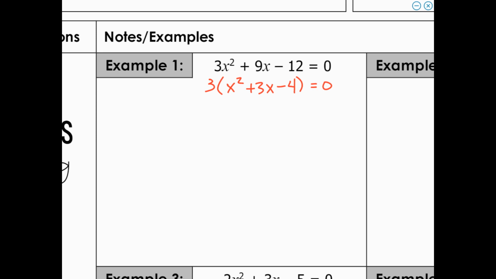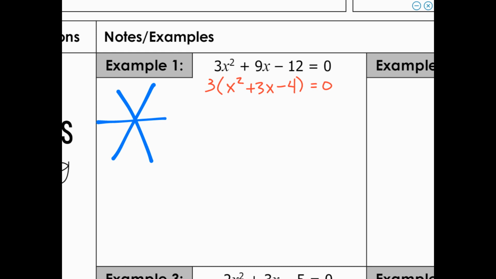So what information am I going to use in my asterisk? Wait, I have a question. Yes, ma'am? So when you factored it, since you got -4, is it because you multiplied 3 times -12? Well, I didn't. I divided. Yeah, divided it. Negative 12 by 3. Yes. So what's going to go in the top? 3 times 3 and 3 times -4?